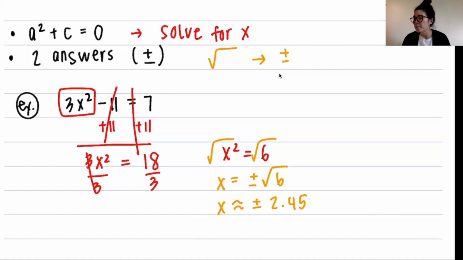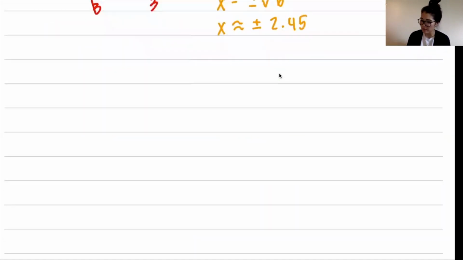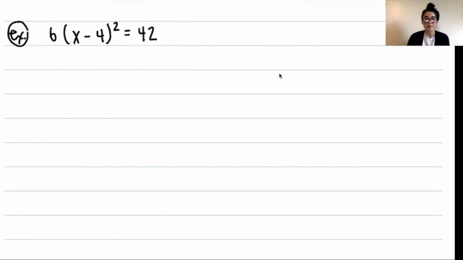All right, let's go ahead and look at something like this. Let's say we have 6 times (x minus 4) squared is equal to 42. Okay, so when you see a problem like this, there's actually a couple of things you could do.